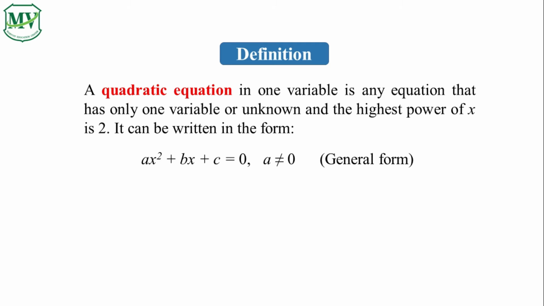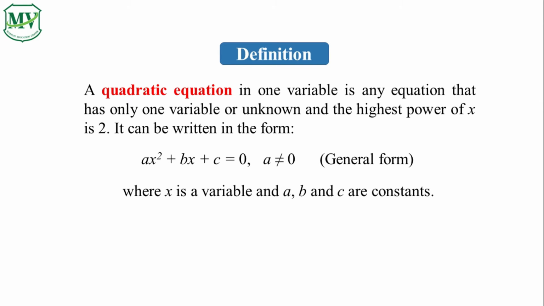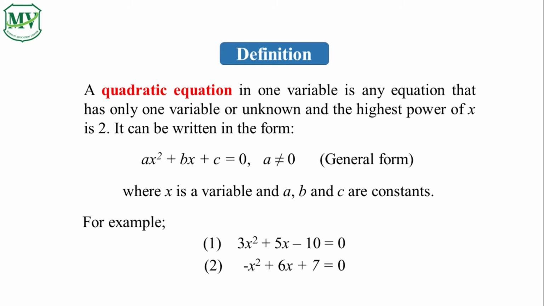This is what we call the general form of equations, where x is a variable and a, b, and c are constants. For example, 3x squared plus 5x minus 10 is equal to 0. Negative x squared plus 6x plus 7 is equal to 0.